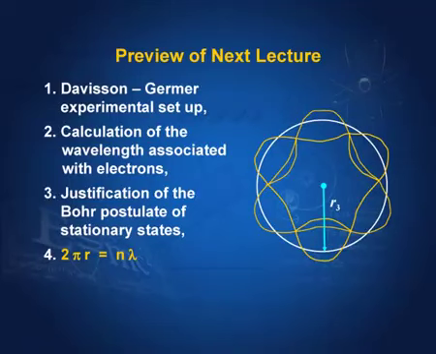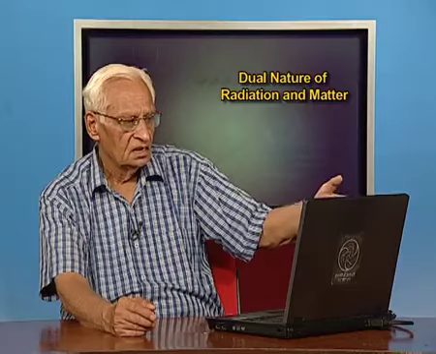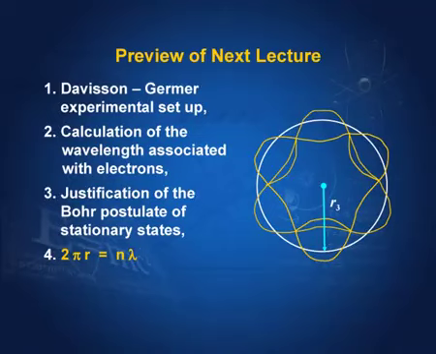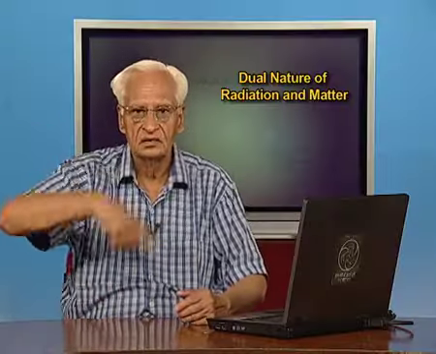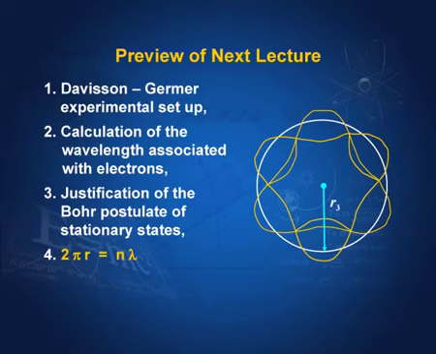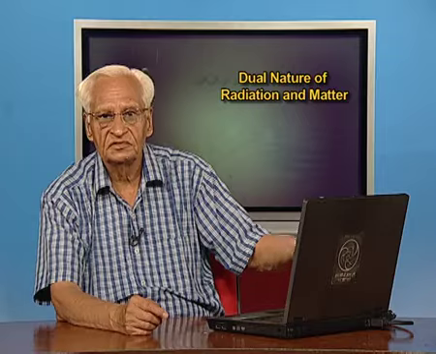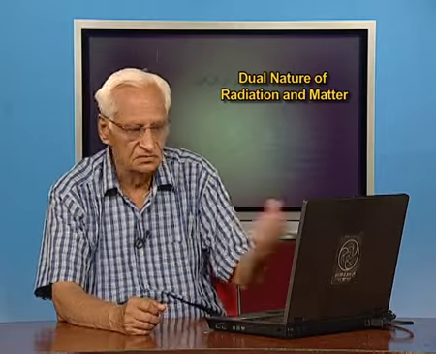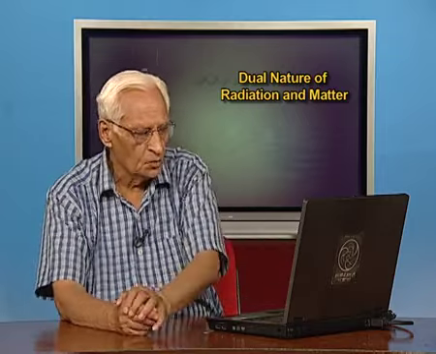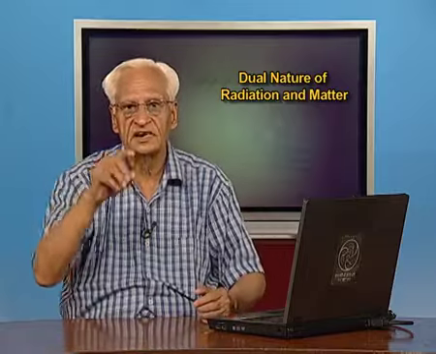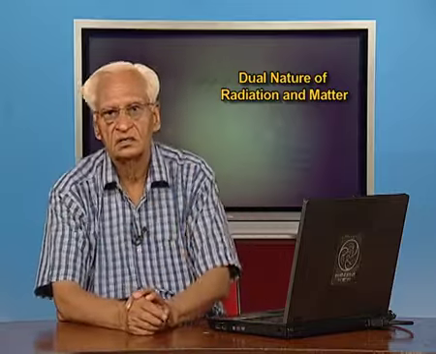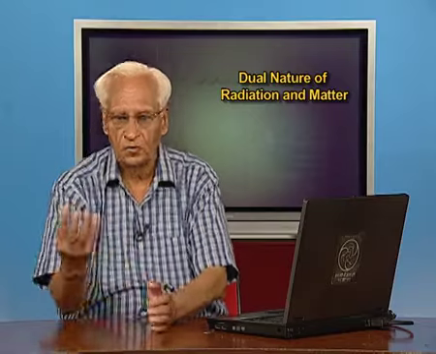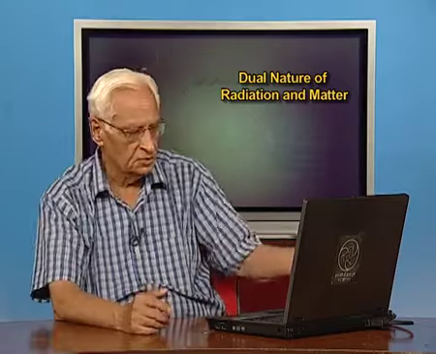In the next lecture, we shall see the details of the experiment done by Davisson and Germer. We shall also calculate the wavelengths associated with the electrons when they orbit the nucleus, and we shall now be able to advance some justification for the Bohr postulate that in stationary states the electron does not emit radiation and therefore does not fall onto the nucleus.